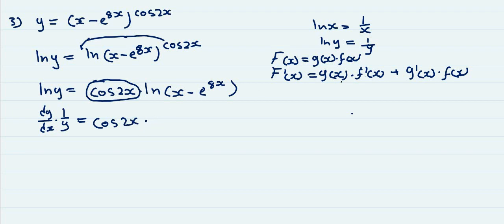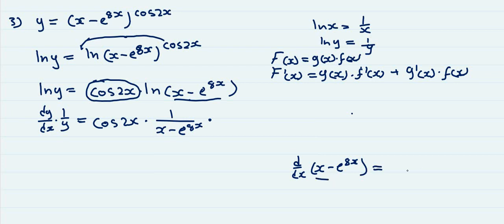The derivative of ln is 1 over x, so 1 over x minus e to the exponent 8x multiplied by the derivative d over dx of x minus e to exponent 8x.